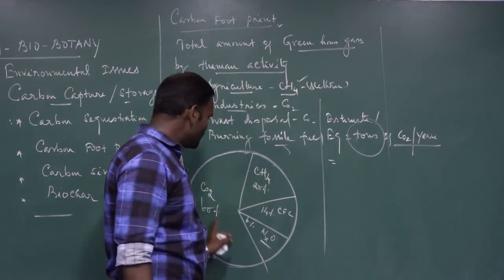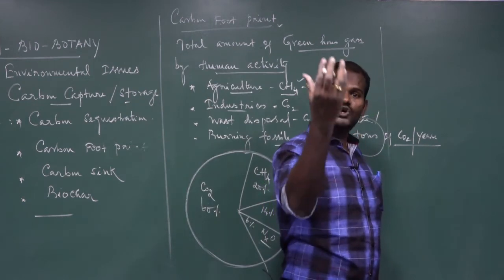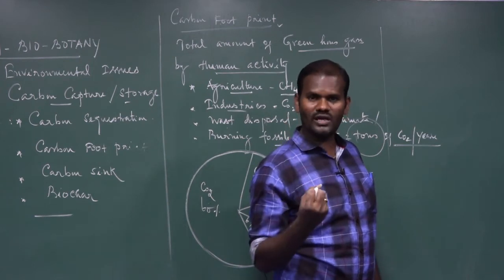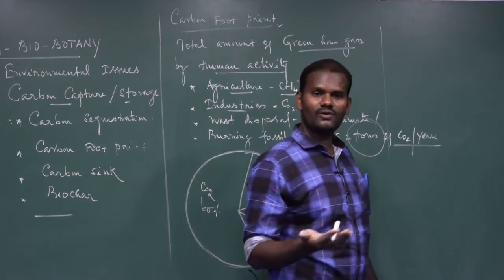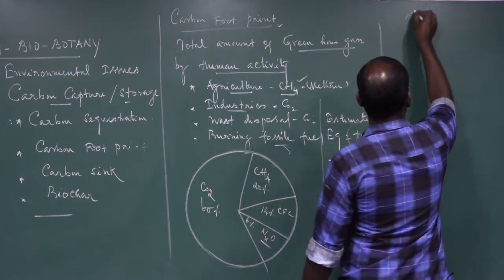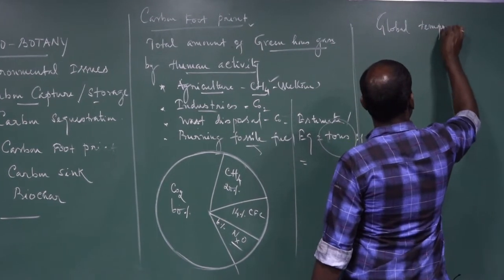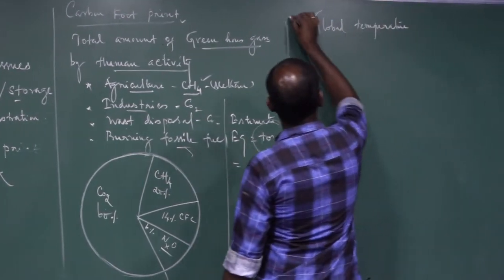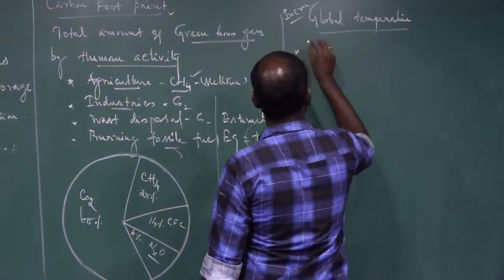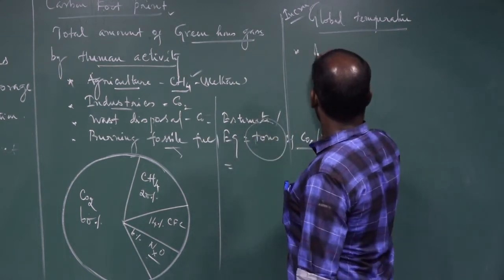Due to the emission of these gases into the atmosphere, they trap solar energy, which increases the global temperature also. If the global temperature increases, what will happen? Melting of ice.